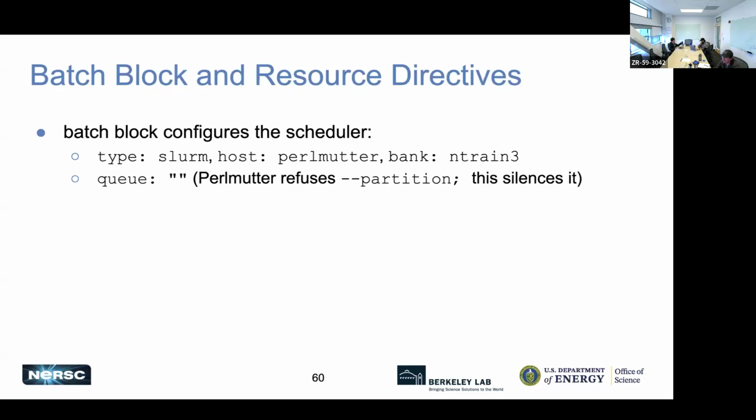So if you do give something with a partition flag, there's a high chance that you're going to get some kind of error back that's like job parameters not supported or something like that. So what you have to do for Maestro is you have to directly give Q an empty string. And if it sees an empty string, then it omits the partition flag completely, and you can actually apply QS later and get something that works seamlessly.